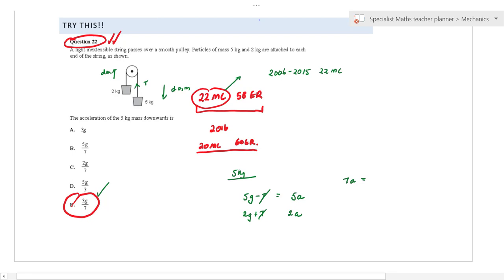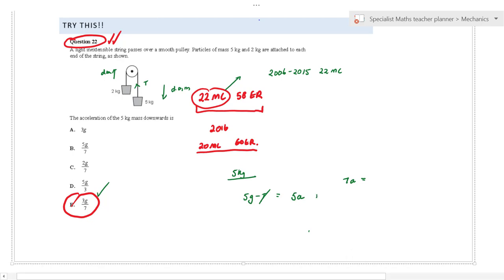Oh, let's see, have we made an error here? I think we might have. Let's have a look at what we've done. We've got 5a is equal to the direction of motion 5g minus T. That's correct.